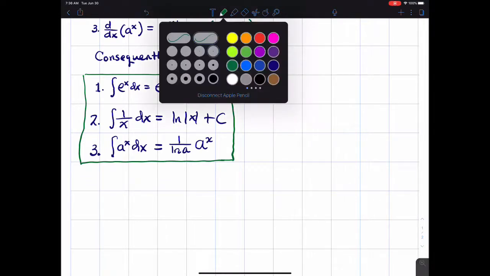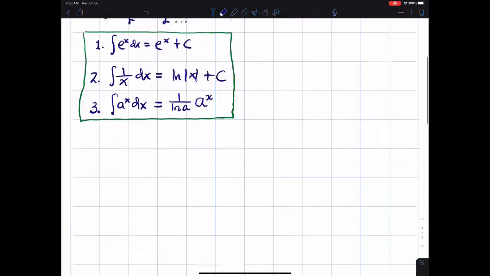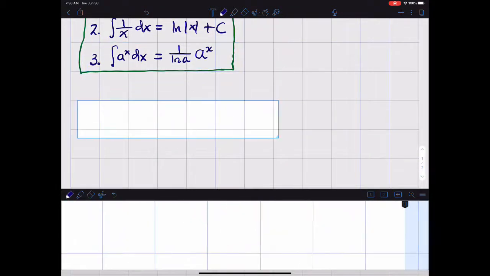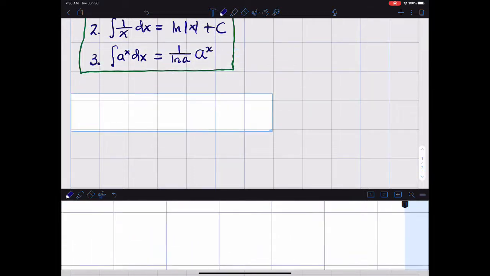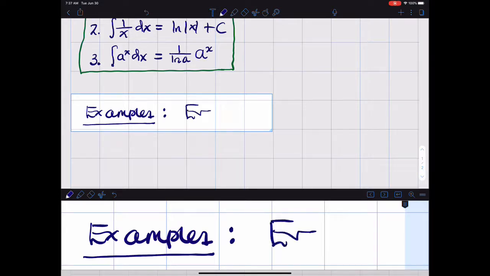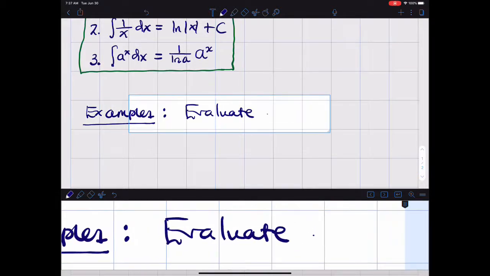Okay, so let's do some examples. We're going to evaluate each integral.